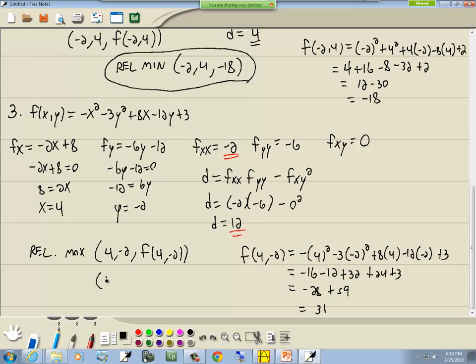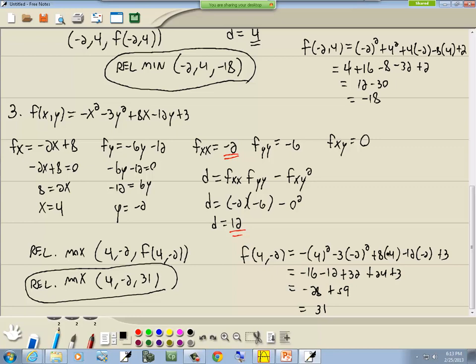So our relative max is at 4, negative 2, 31. Assuming I did my basic math correct, which is always kind of iffy. Let me double check myself. Okay, negative 16, negative 12, that's negative 28, which gives me 4, 28, 31. Yeah, looks right.